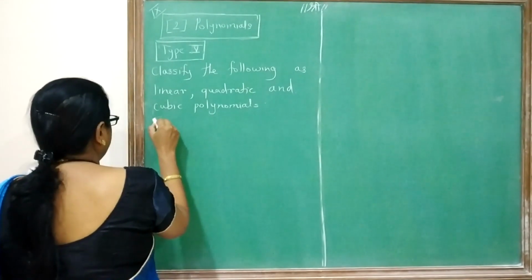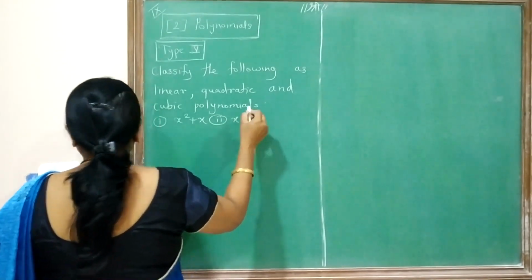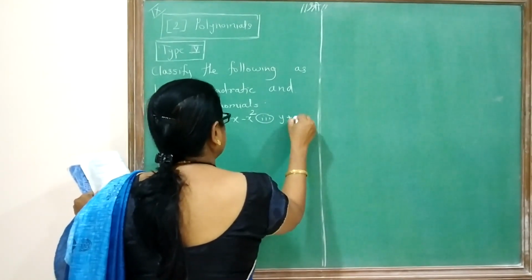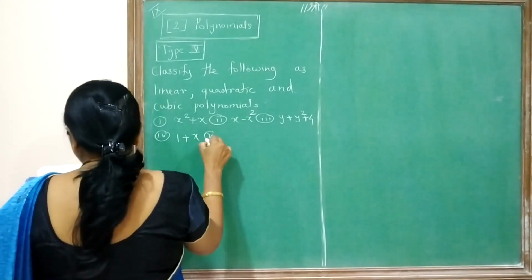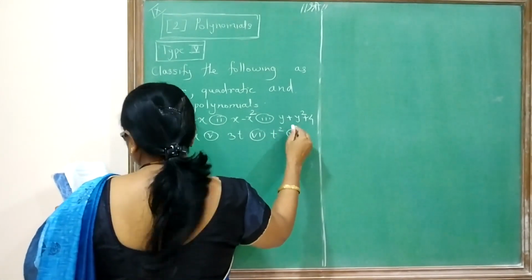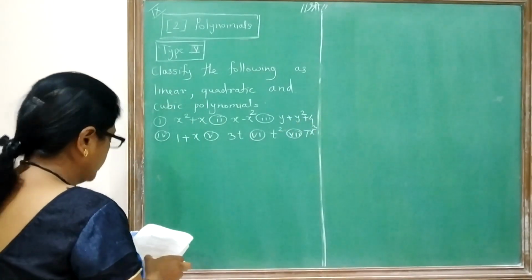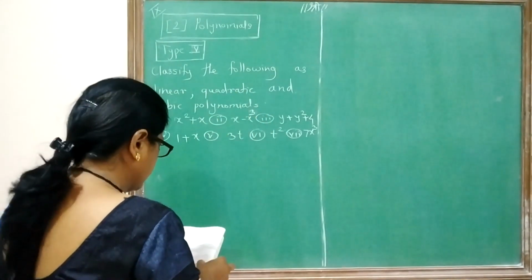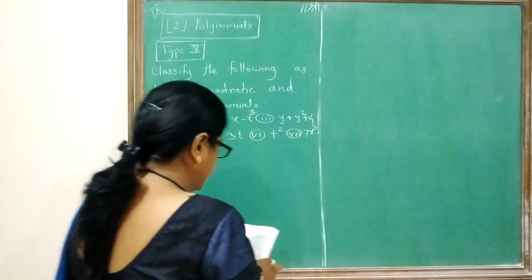And your examples are: first is x square plus x, second is x minus x square, third is y plus y square plus 4, fourth is 1 plus x, fifth is 3t, sixth is t square, and seventh is 7x cube.